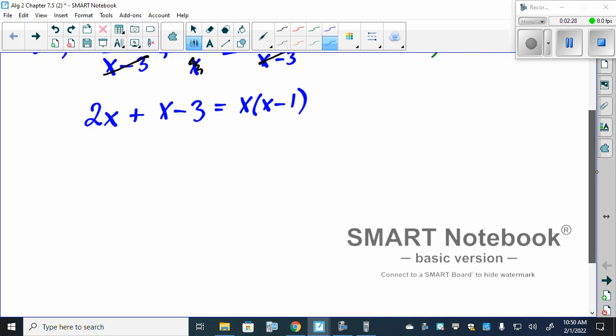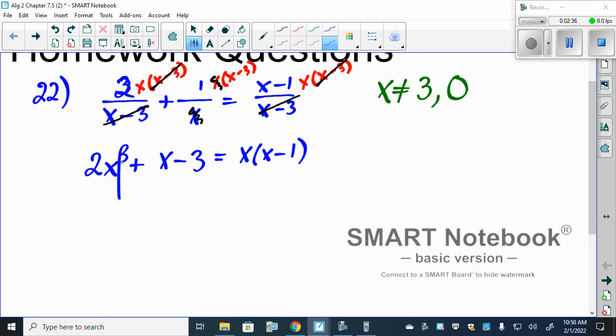Now we can combine like terms and distribute, because the one side, x times x minus 1, will still need to distribute. But on the left-hand side, our 2x plus x is 3x. Minus 3 is equal to, here x times x is x squared minus x. And we distribute the x here.